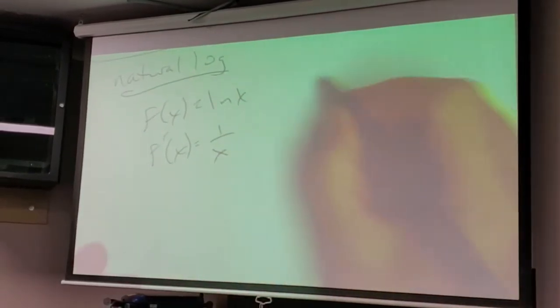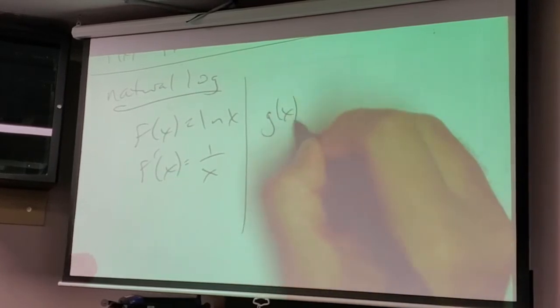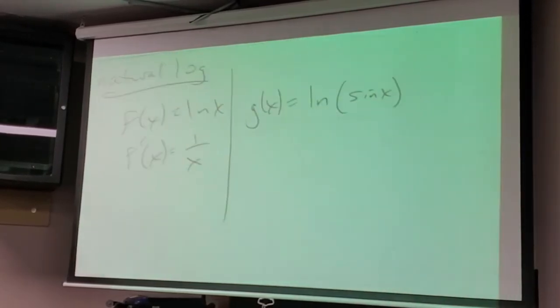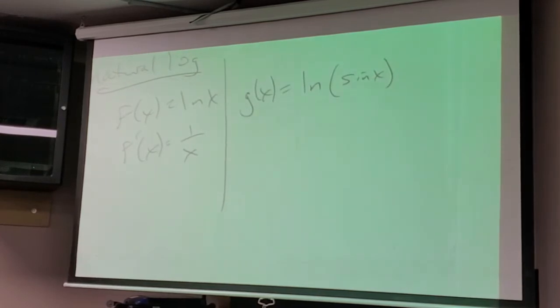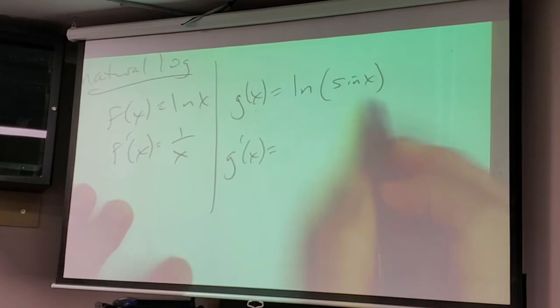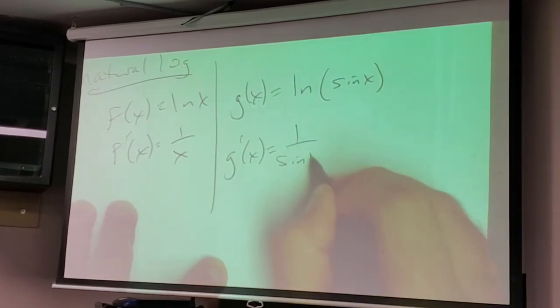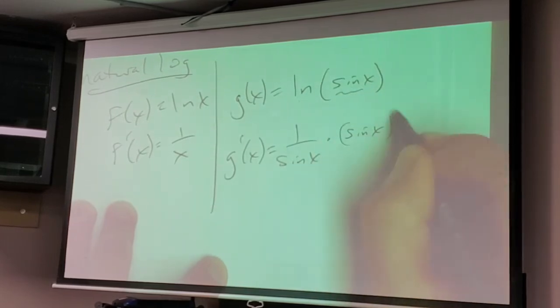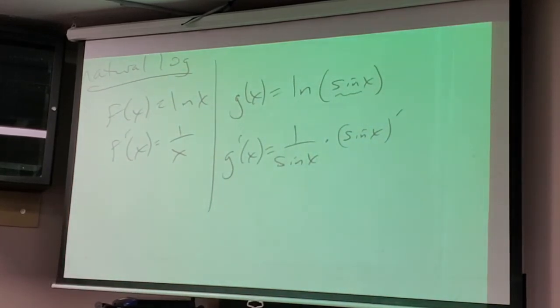So now that I know this, I know everything about ln. So if I had a problem like this, right, derivative of ln of something is 1 over that something. Chain rule says you got it inside, you got to give it a turn, right? Do you get what I'm saying? Chain rule does not care what the function was.